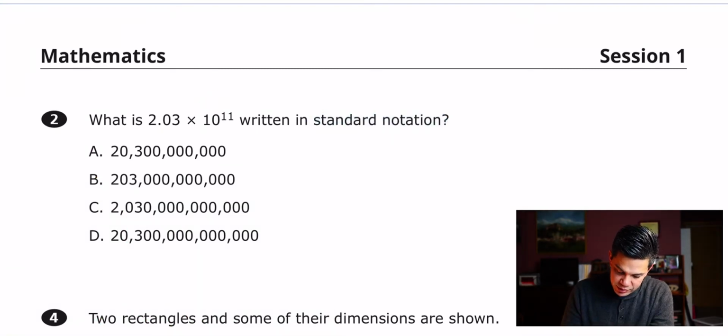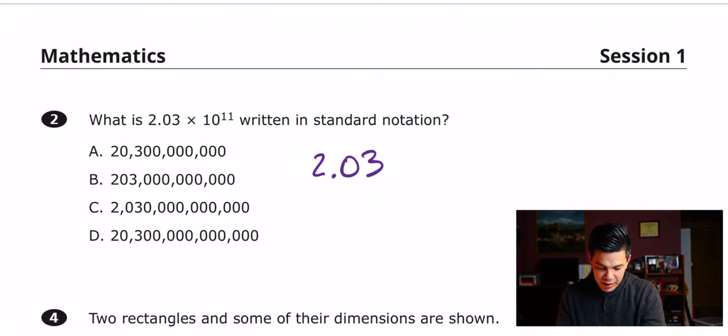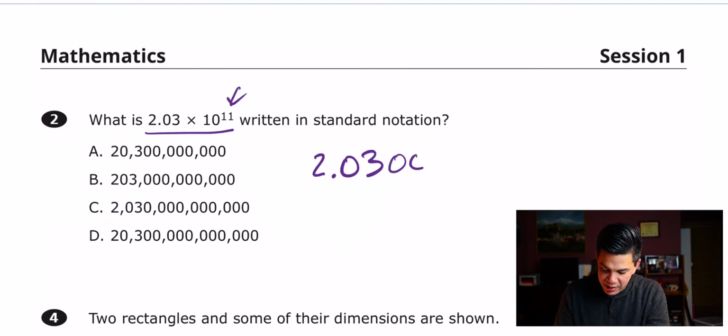Well, what you need to do here is just write your number, and with the magic of the iPad, we are going to move. Well, this is a really big number since this is a positive 11. I'm just going to add a bunch of zeros here, and you'll see why in a second.